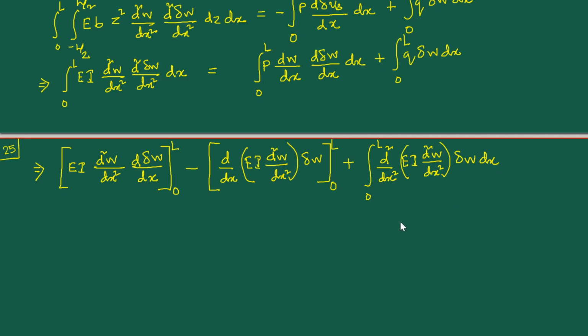So that takes care of my left hand side, and on the right hand side I'll just have to carry out the integration by parts on this integration only once, because there is only the first order derivative with respect to x for this delta w.